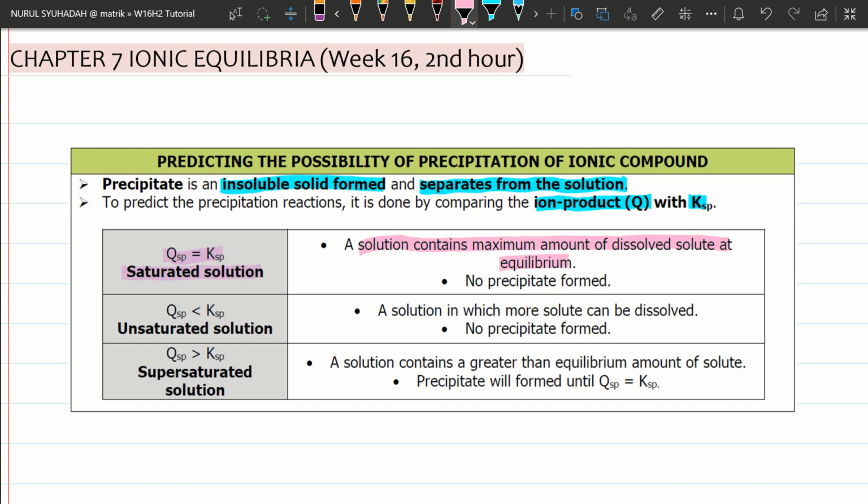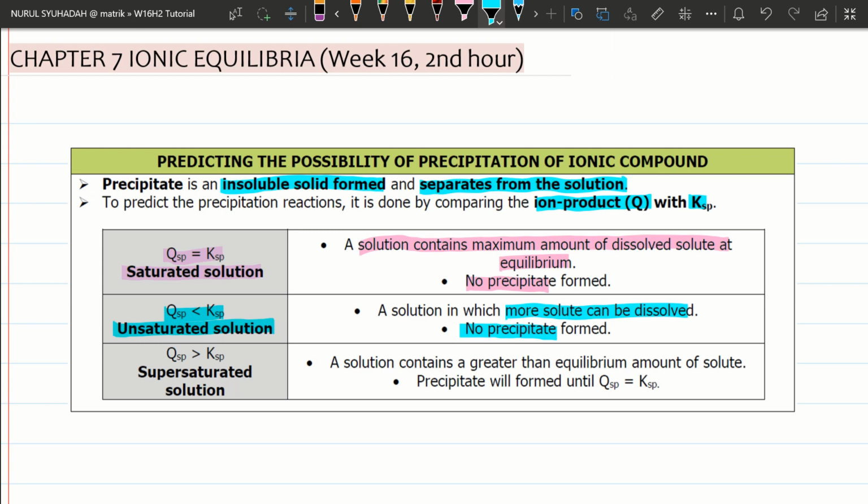Pada masa dan ketika ini, no precipitate form. Okay, itu yang pertama. Okay, yang kedua, if you have the value of QSP smaller than KSP, maksudnya you will get unsaturated solution. Okay, which pada ketika ini more solute can be dissolved dan belum ada precipitate yang terhasil sebab kita masih lagi boleh dissolve kan kita punya solid.